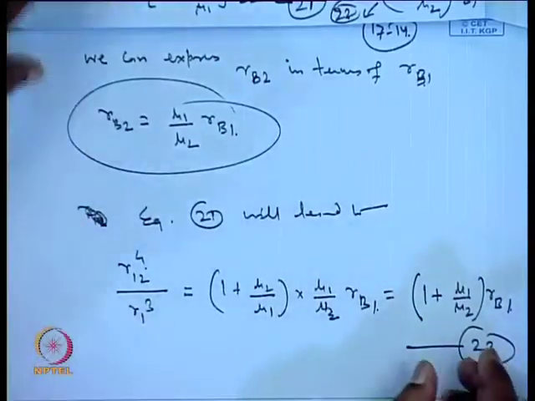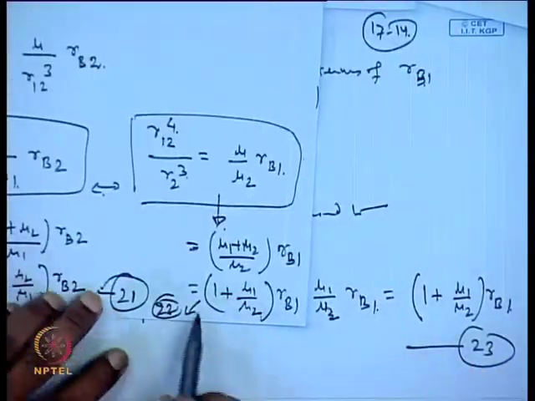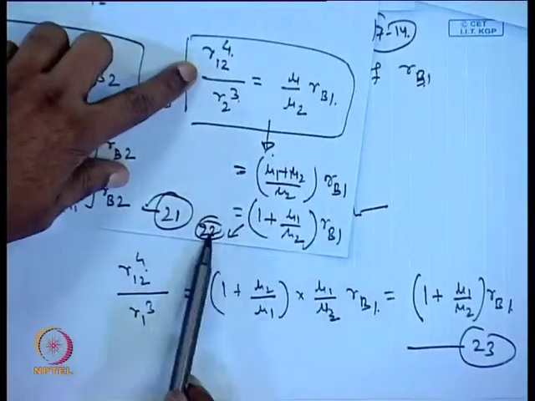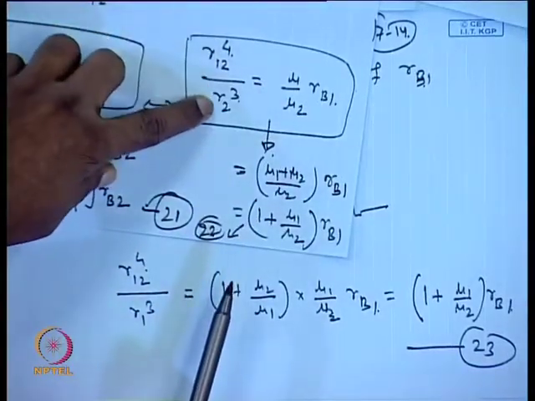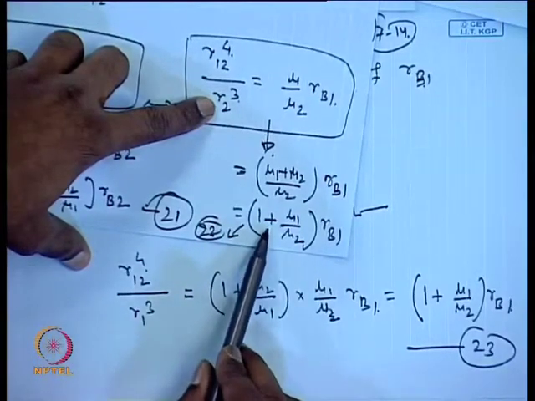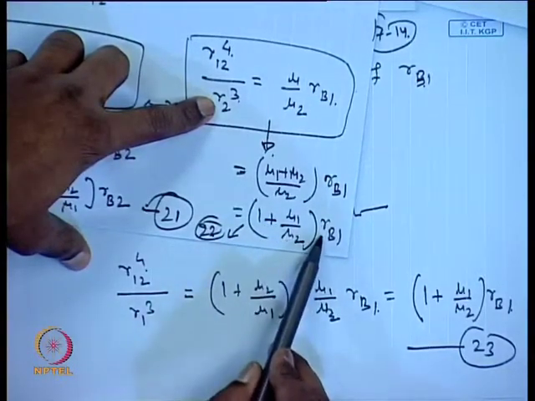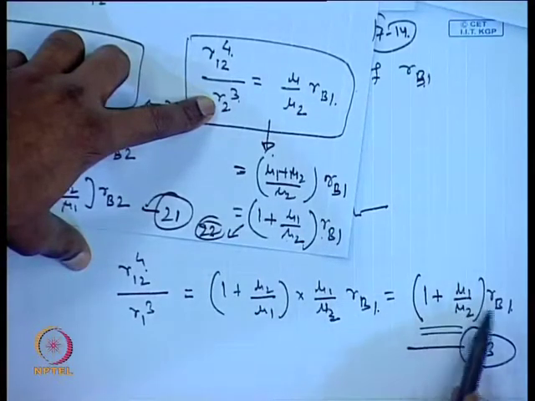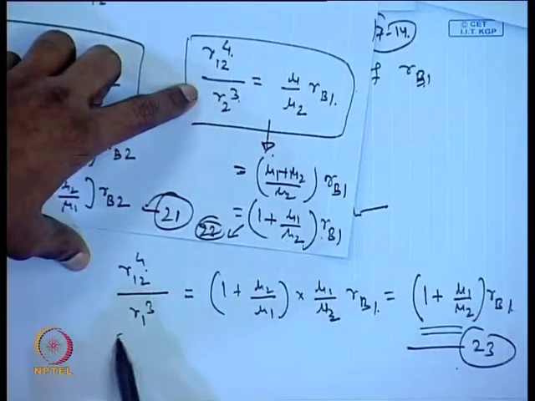Now, we can compare equation number 23 and equation number 22. In equation number 22, R12 to the power 4 by R2 whole cube is equal to, on the right hand side, 1 plus mu 1 by mu 2 times RB1. In this equation on the right hand side also we have 1 plus mu 1 by mu 2 times RB1, while the left side differs.